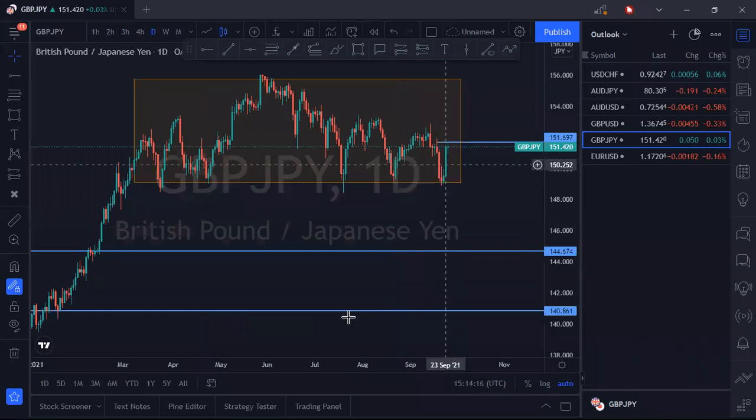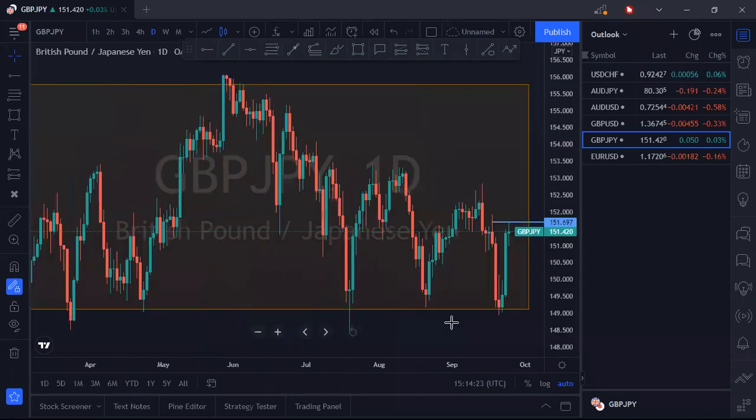So in this case, to be on a safer side, you look for sells, even though maybe lower time frames might be suggesting buys. But one thing you should bear in mind is that these lower time frames are sometimes just retracements on the higher time frames.